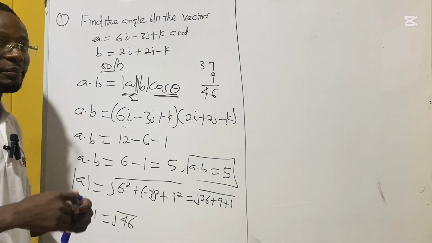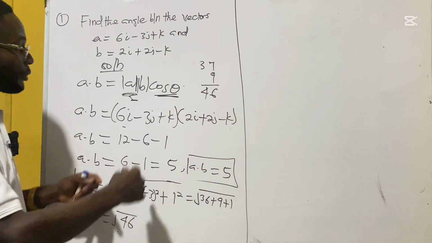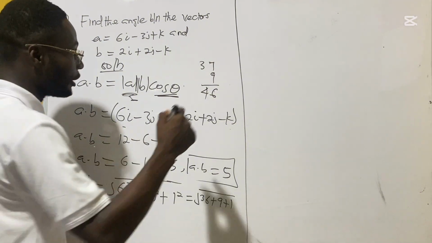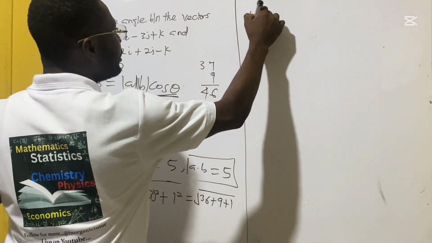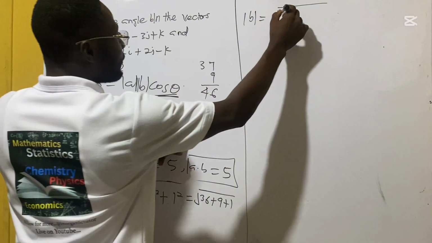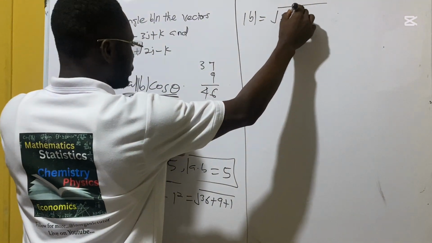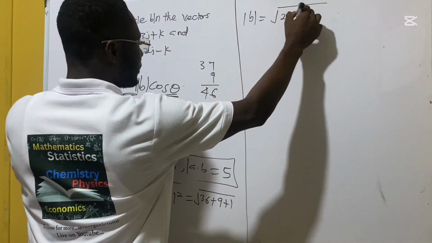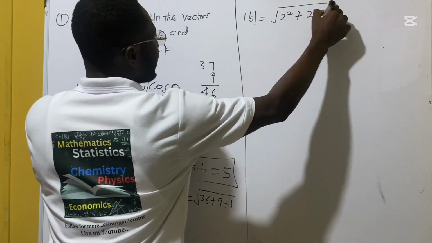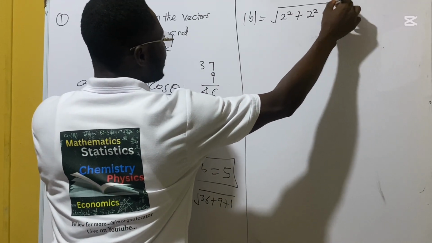Once we have the magnitude of A as the square root of 46, we go ahead to find the magnitude of B. The vector B is 2i plus 2j minus k, so we have 2 squared plus 2 squared plus negative 1 squared, right?